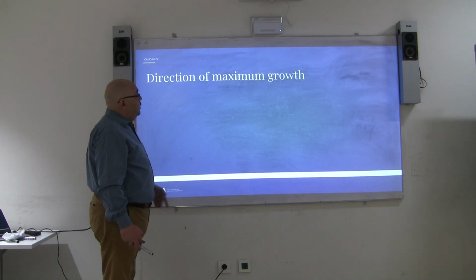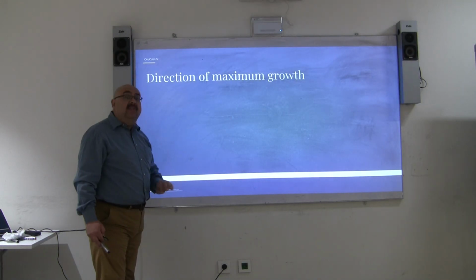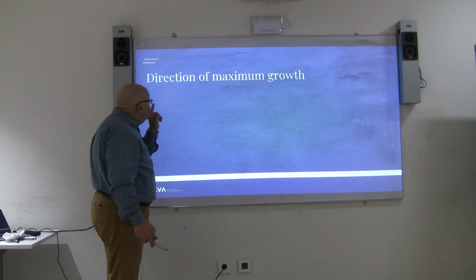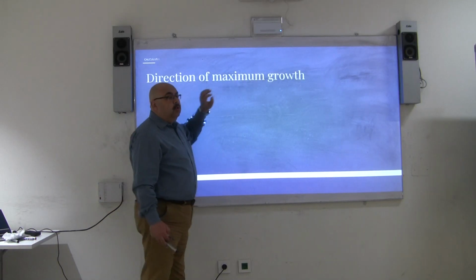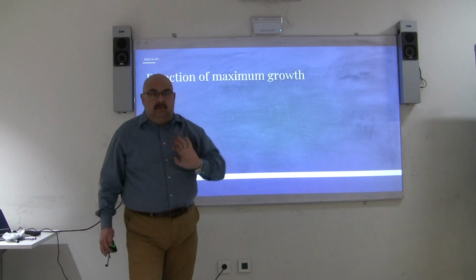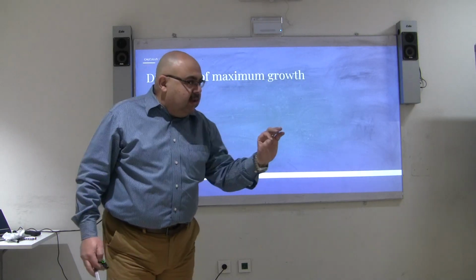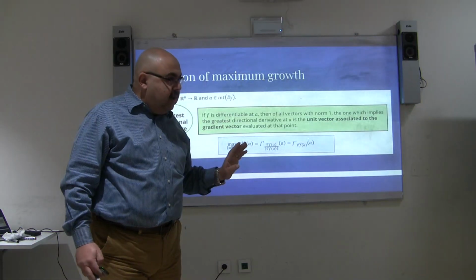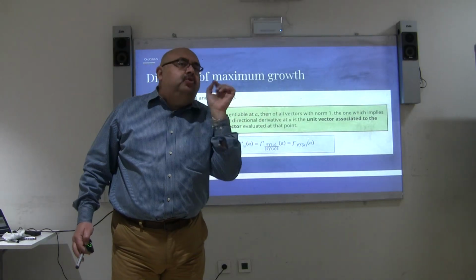So nothing more. The last thing in the differentiability part is the direction of maximum growth. It is exactly like the relations that we saw previously, but with one twist.